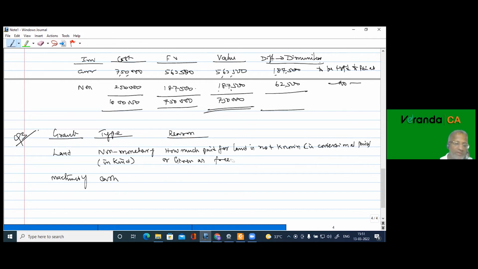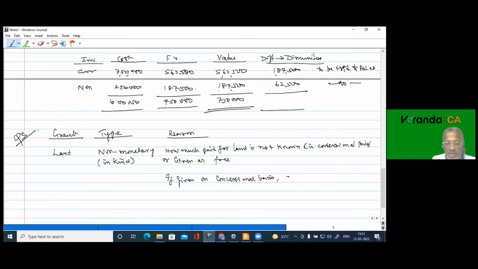If given on a concessional basis, account at actual cost.